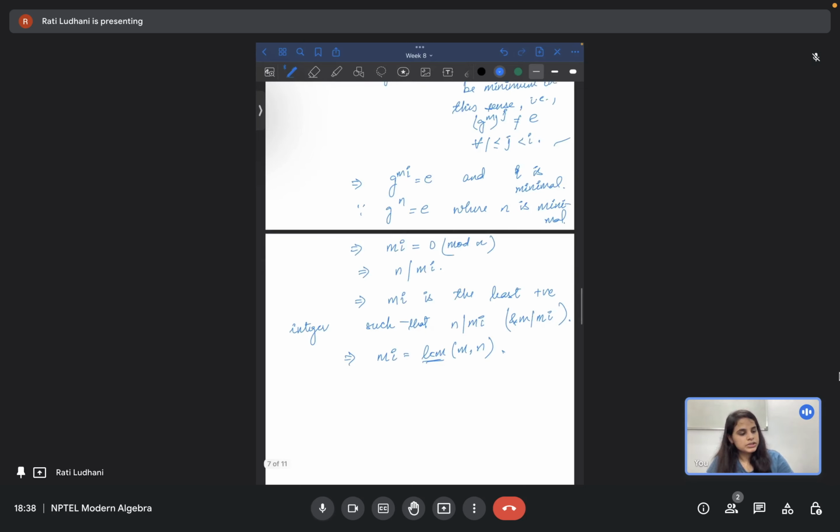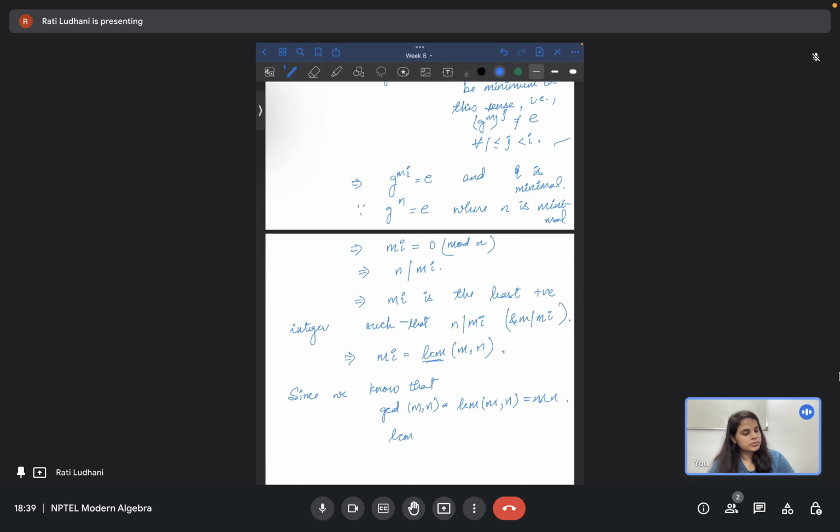Since we know that GCD of m and n times LCM of m and n is equal to m into n, which is a very standard result, you can find out the value of LCM.